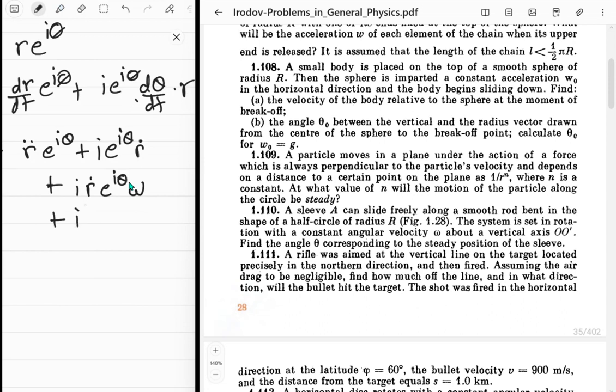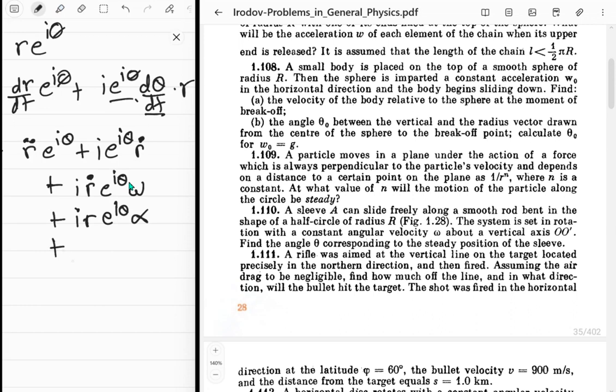Or in fact, let's go with this first. So it should be r dot over here, double dot over here. Yes, i r e^{iθ}, and then instead of having omega, you just need to have alpha, and then the rate of this thing.